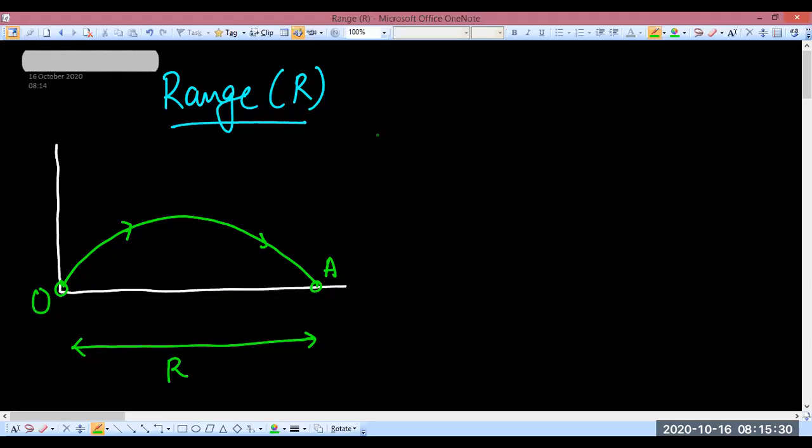Okay, so again for O to A, range, sorry, for O to A, delta x is nothing but the range, correct? R. Clear? So we can write R is equal to, now instead of delta x, we have derived something earlier, right? Do you remember what delta x is equal to?